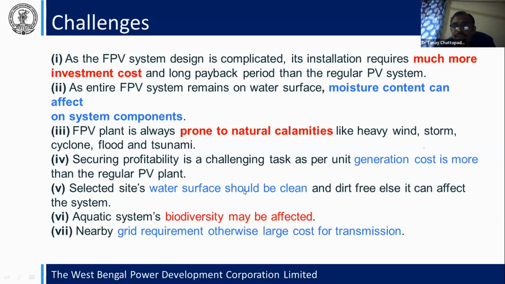We cannot cover the whole water body with panels, otherwise the biological oxygen demand is decreased. In that region we can fill up to 30 to 40%, or sometimes 50%, of the water body.